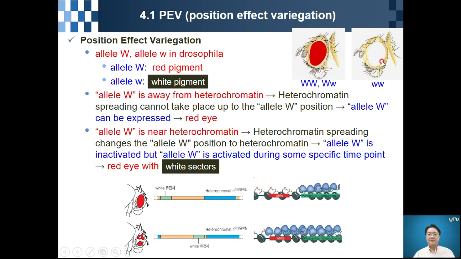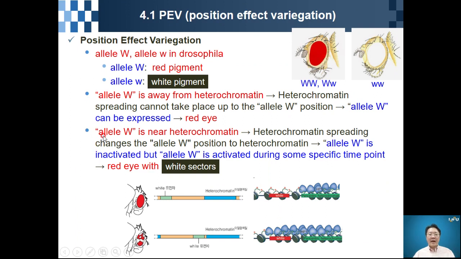When the allele large W is away from the heterochromatin, heterochromatin spreading cannot take place up to the allele W position. So allele W can be expressed, which means it will make red eyes.